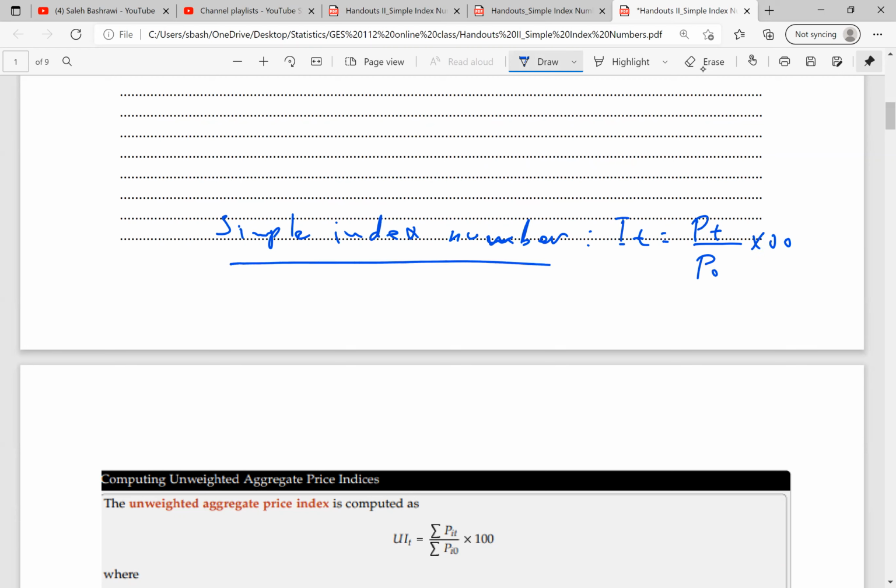This was the simple index number, where P_t is the value at the given time and P_0 is called the price at the base time, or the base period.